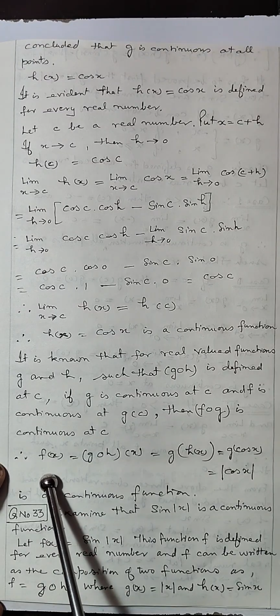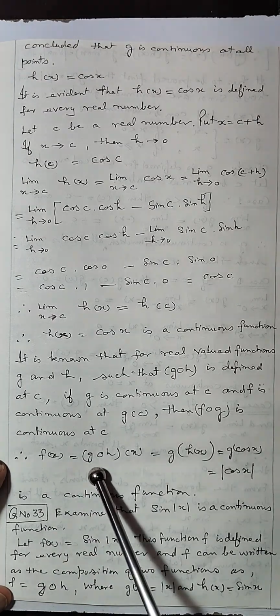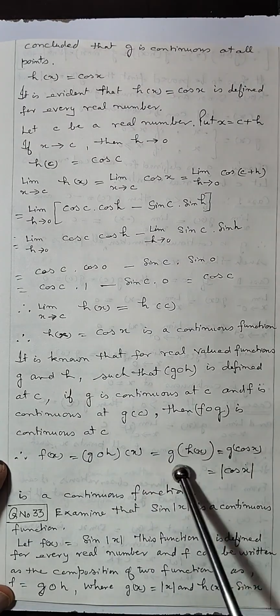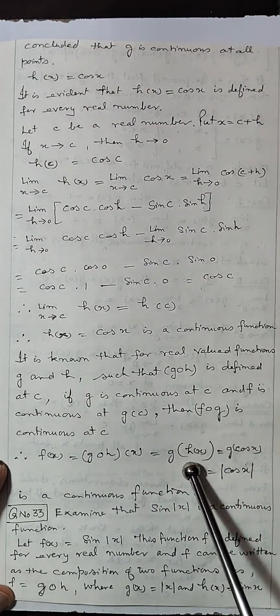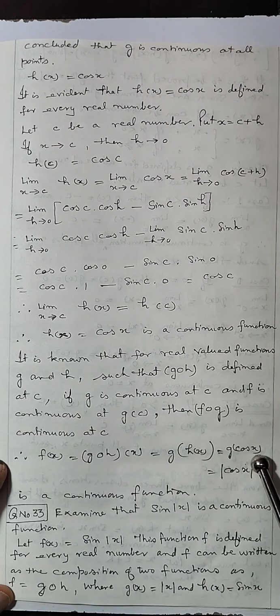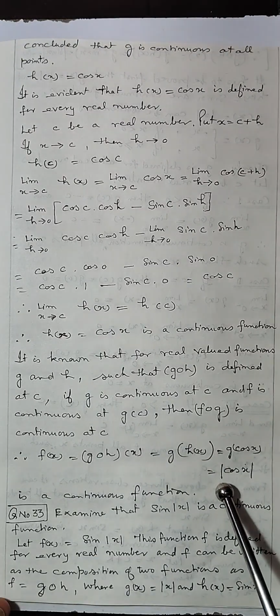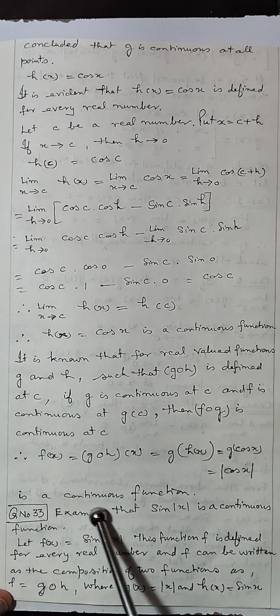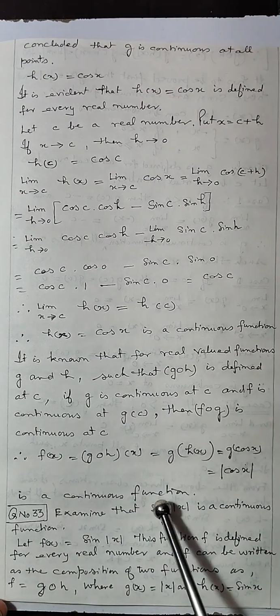Therefore, f(x) = (g∘h)(x) = g(h(x)) = g(cos x) = |cos x| is a continuous function. That's all.